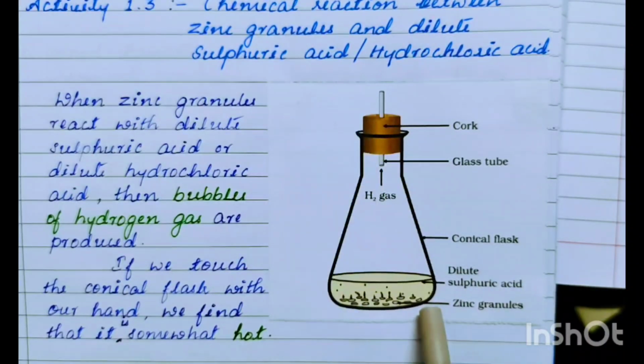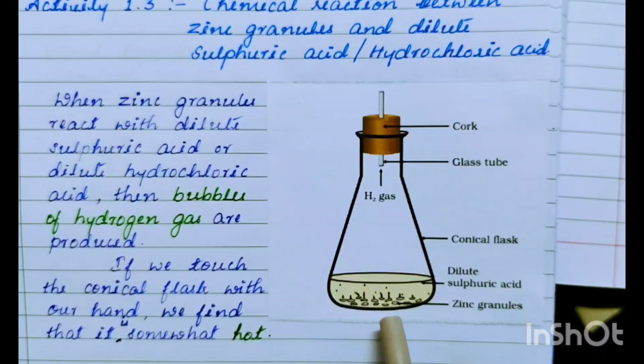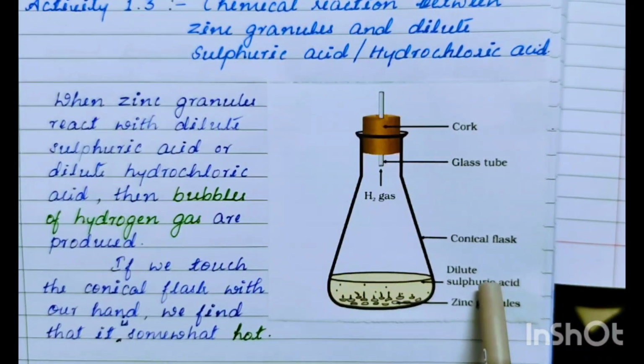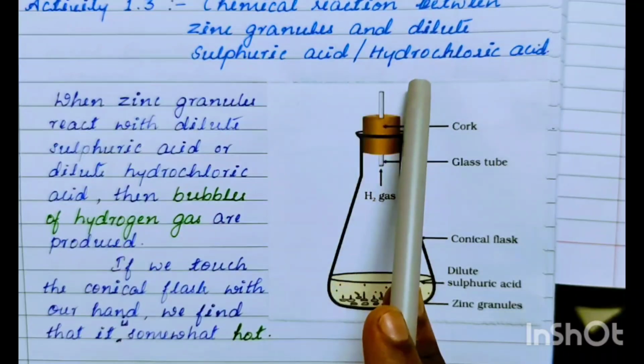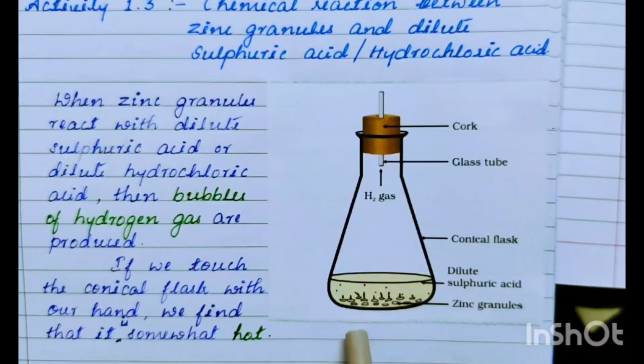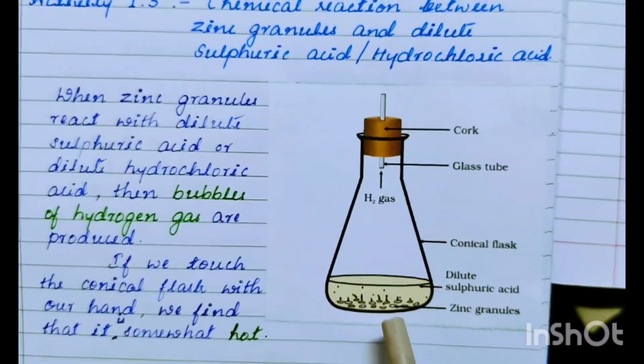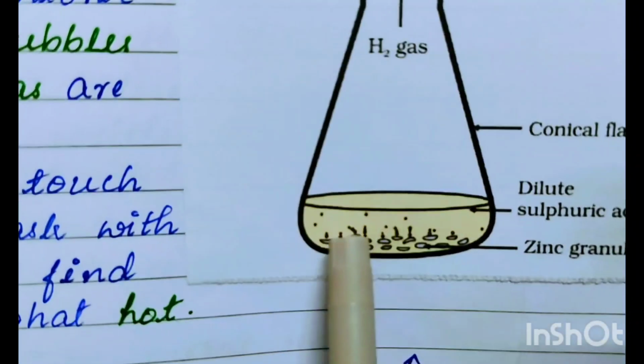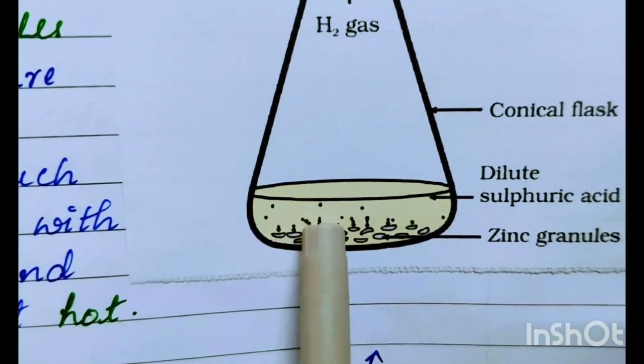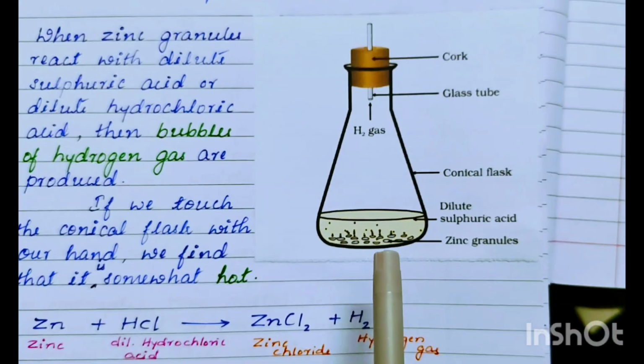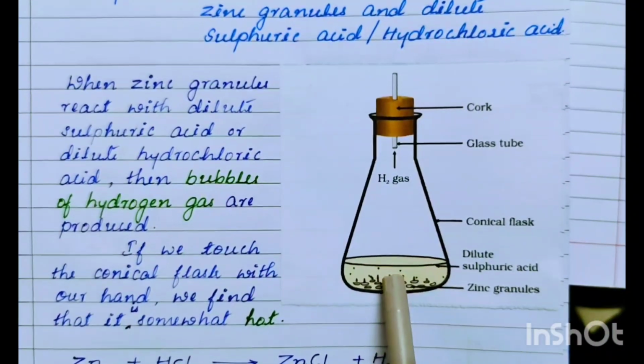In this conical flask, first we have to take the zinc granules. Again they are gray color. Then we need to add dilute sulfuric acid or hydrochloric acid. Immediately we can see some bubbles upon the zinc granules. That shows the formation of hydrogen gas.